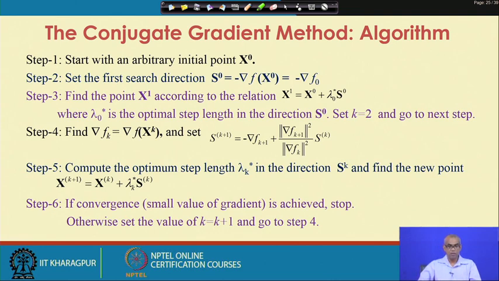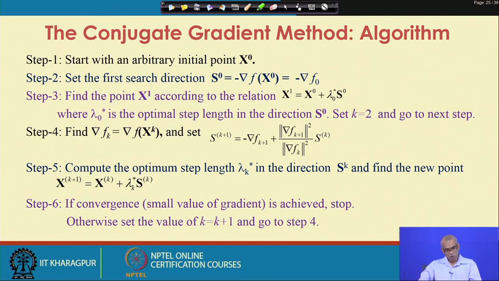In step 3, we find the point x 1 according to the usual relation x 1 equal to x 0 plus lambda 0 into s 0, where lambda 0 is the optimal step length in the direction s 0. That means, we need to perform a line search. We set k equal to 2 and go to the next step.